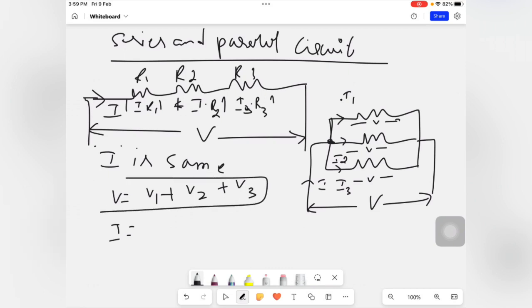So in series the voltage gets divided and the current remains the same; in a parallel circuit the voltage remains the same and the current gets divided. Just keep this in mind.